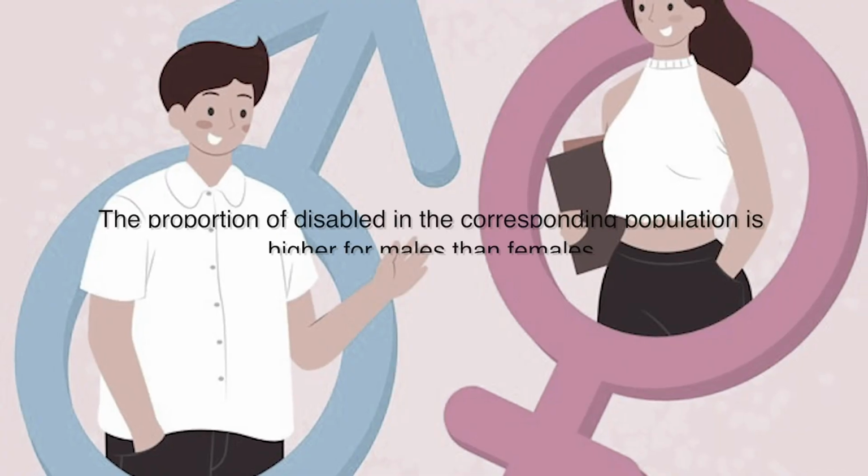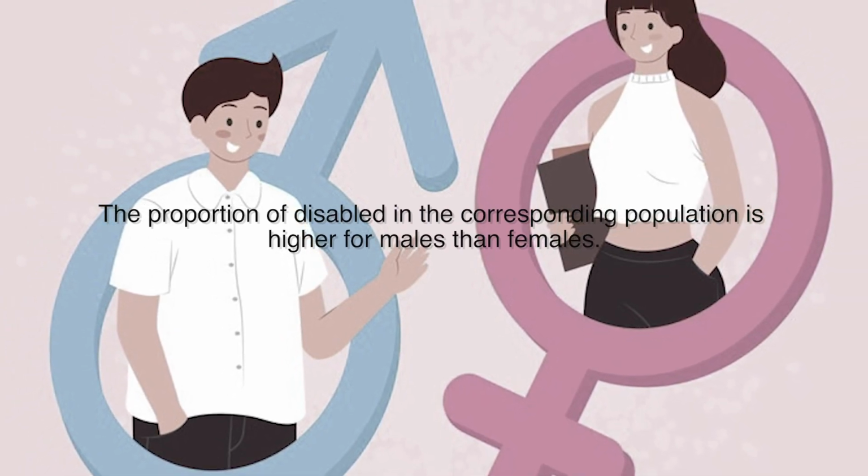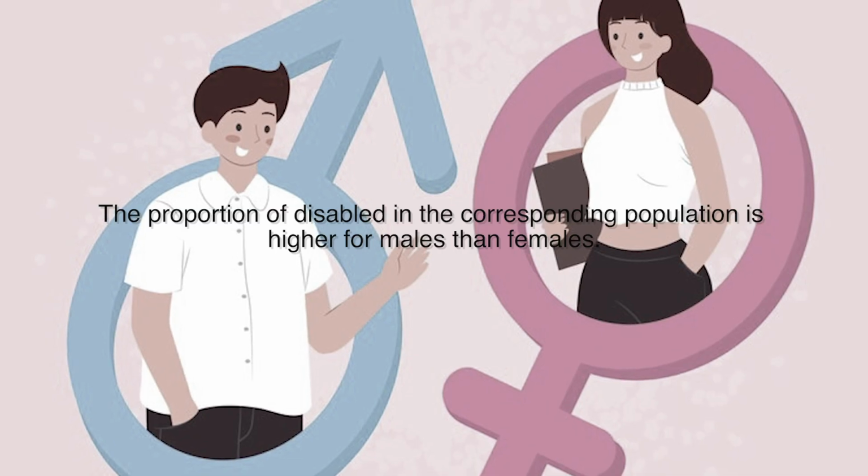The percentage of disabled population among the males and the females are 2.41 and 2.01% respectively. At all India level as well as disaggregated by various groups, the proportion of the disability in the corresponding population, as we have already mentioned, is higher for males than females.